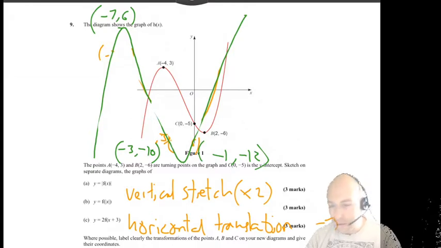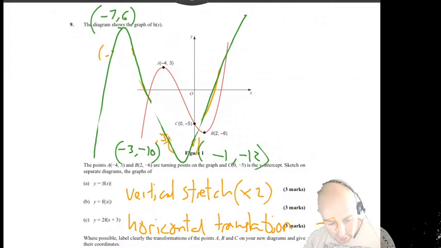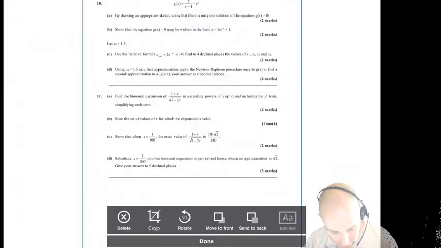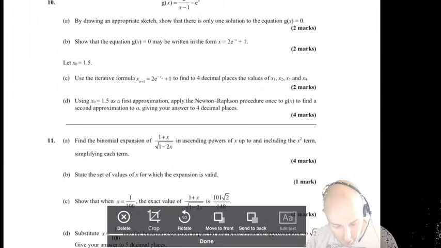Okay, anyone got any questions? Right, next one I think is a 1/x graph question. So yeah, let's try and do both of these, as long as you guys can see them on the screen.